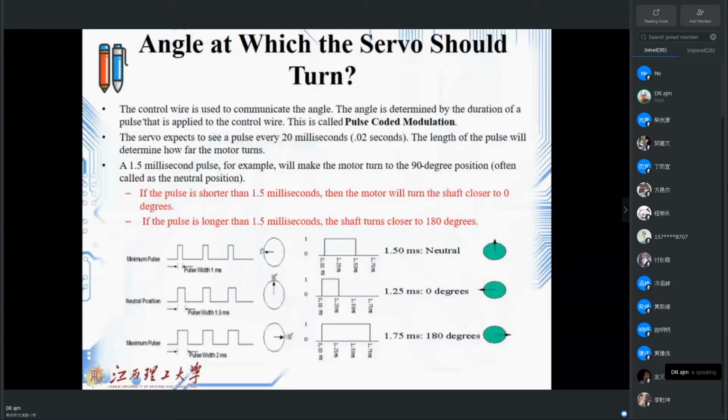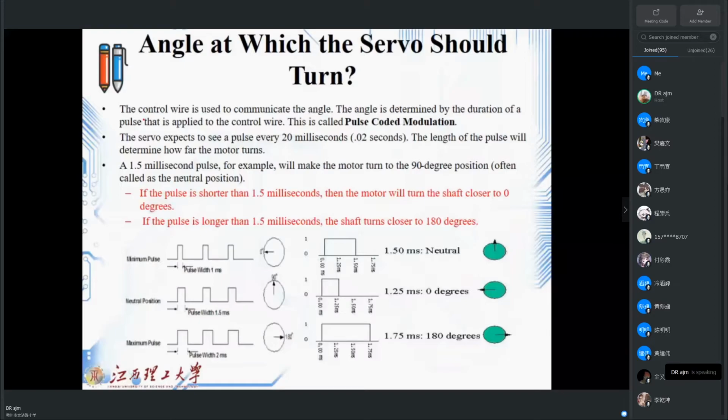The servo expects to see a pulse every 20 milliseconds, or 0.02 second. The length of the pulse determines how far the motor turns.